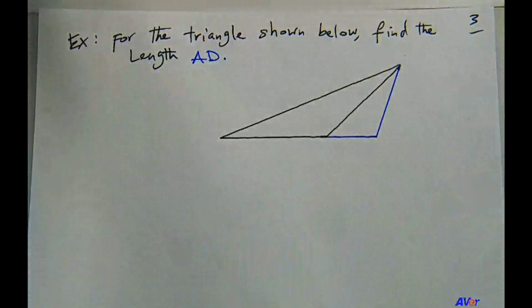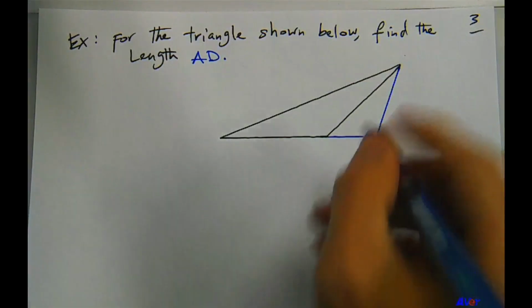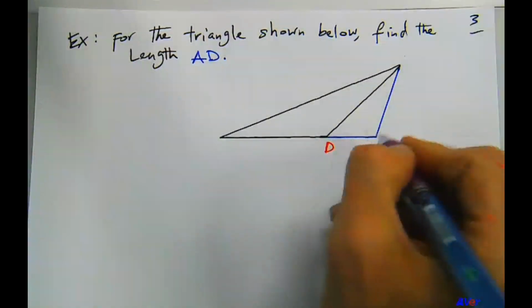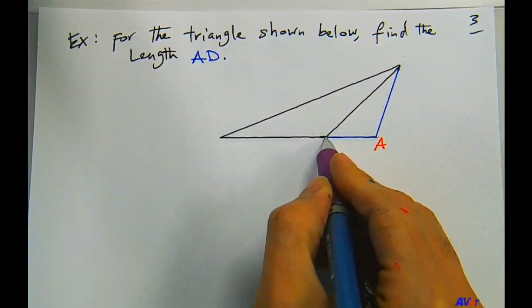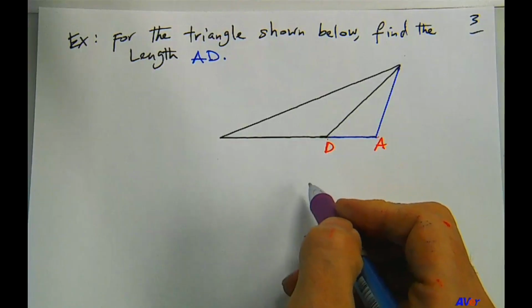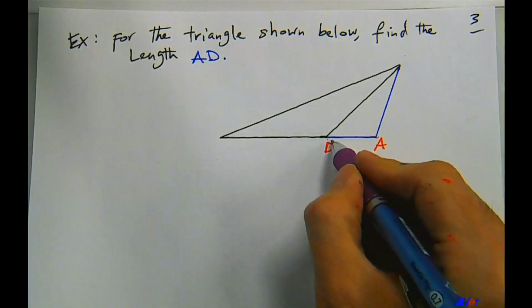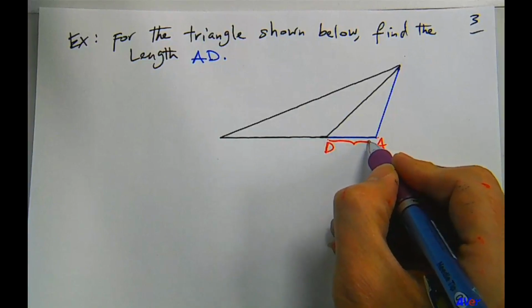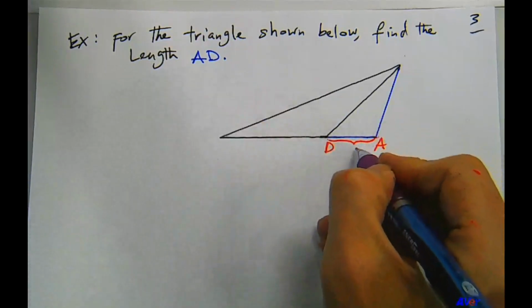Like that. And AD is from here to here, from this vertex to this intersection. So we know we want this, right? That's the question mark for us.